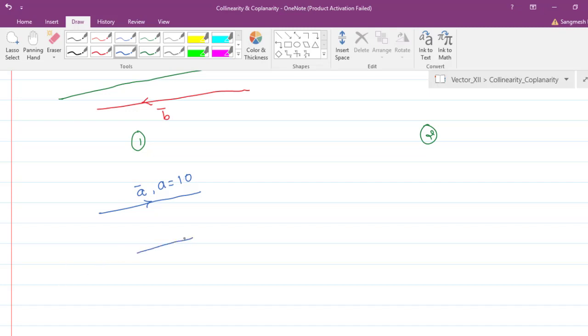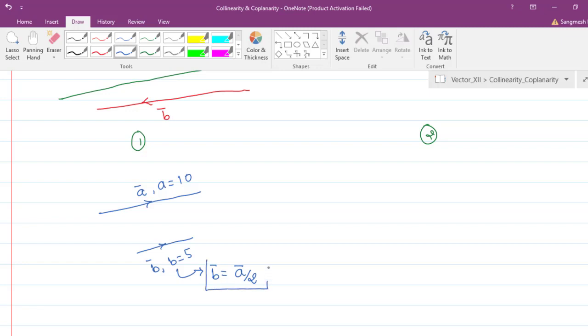Now this is another vector b bar whose magnitude is 5, and in the same direction. Means what? This b vector I can write like this: b bar is equals to a bar by 2.